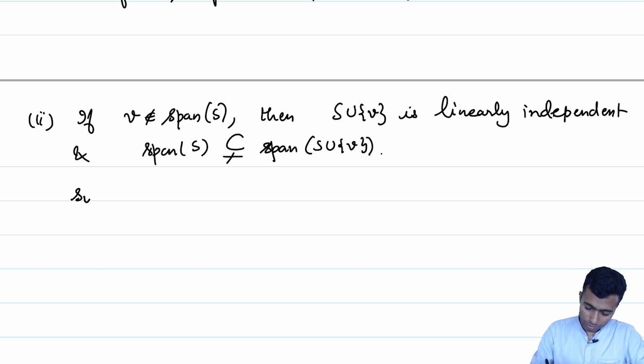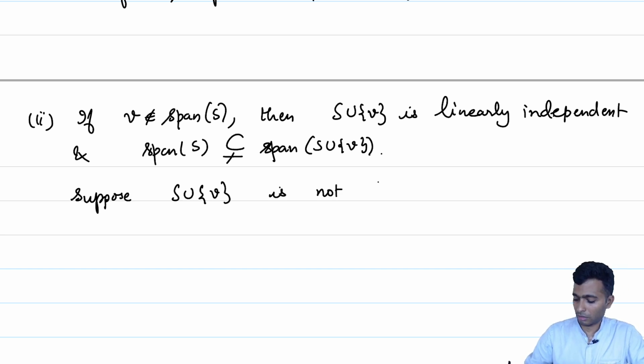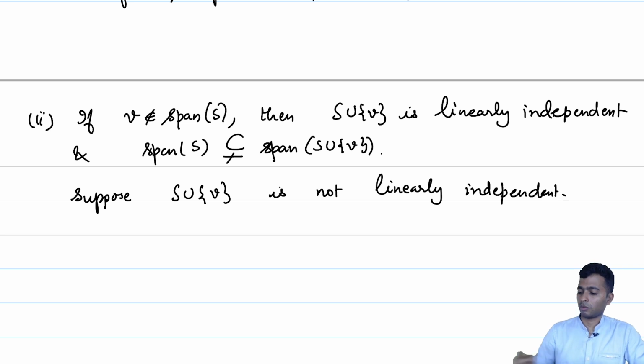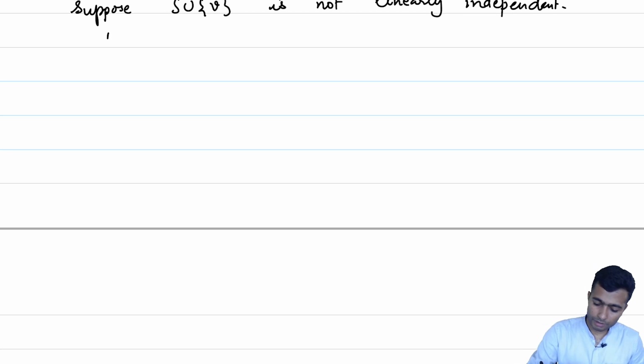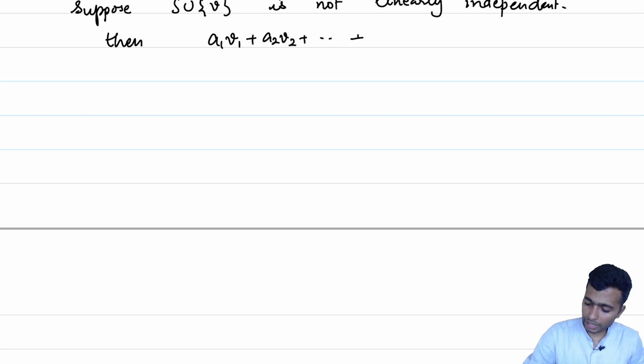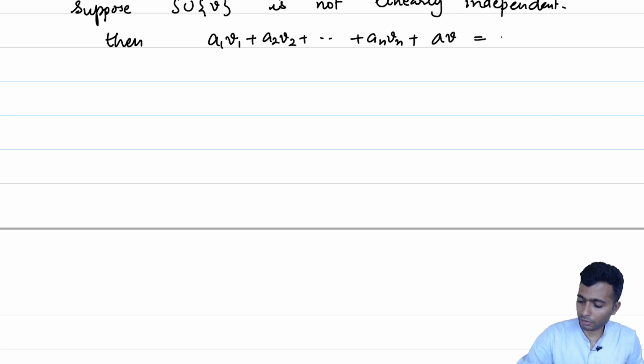So, suppose it is not linearly independent, suppose S union V is not linearly independent. What does it mean to say that something is not linearly independent? Then a1 v1 plus a2 v2 plus an vn plus a times v is equal to the 0 vector, right.